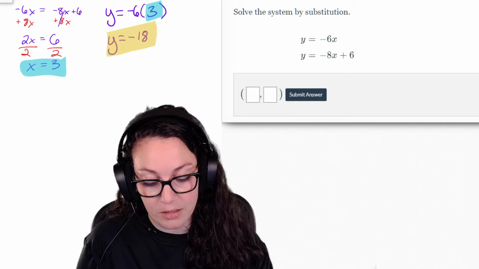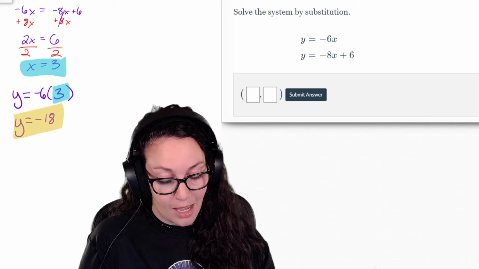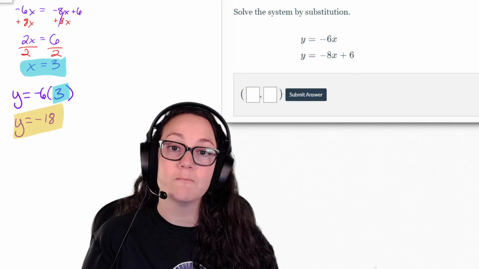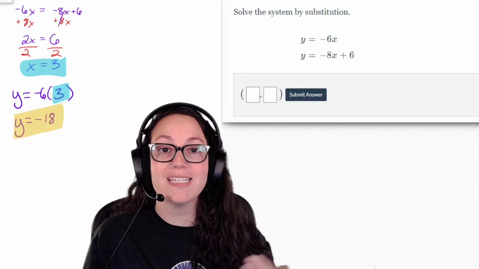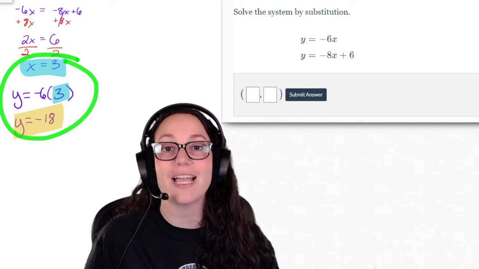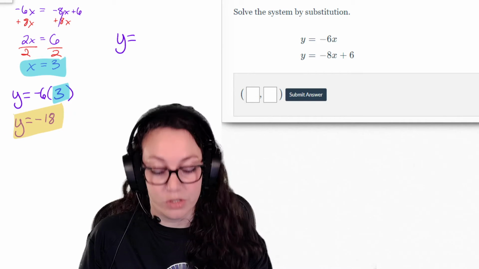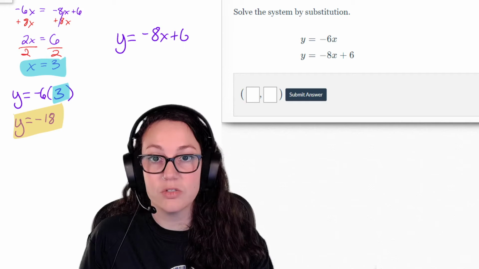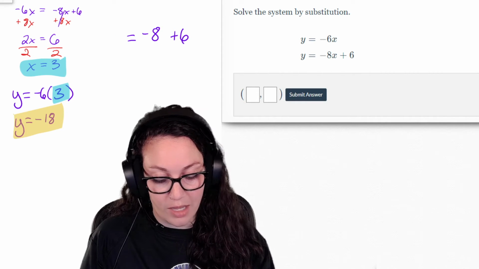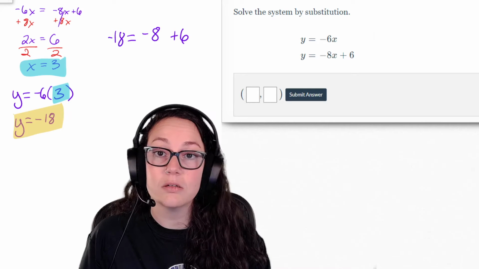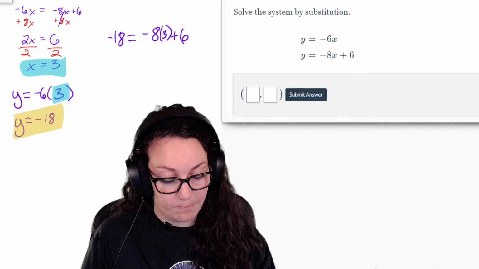I want to check. So to check, I'm going to use my other equation, y equals negative 8x plus 6, and I'm going to replace the x's and y's with these x's and y's. So I have y equals negative 8x plus 6, but I'm going to replace the x and the y with 3 and negative 18 respectively.